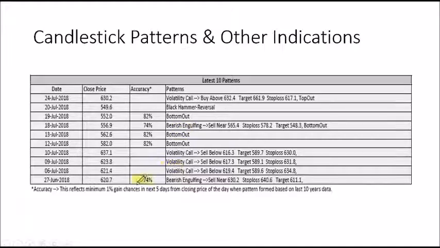So likewise, see here, a bearish pattern with 74% strength, and the stock has not followed this pattern and it has gone up. So here also it was sell. So suddenly 582 in 2 days.